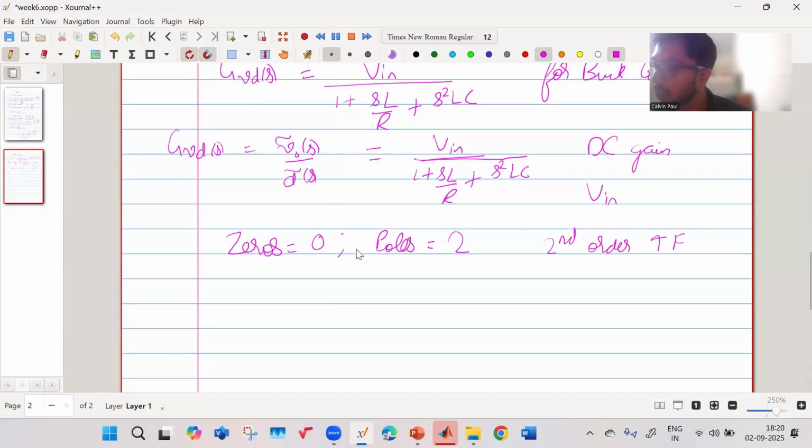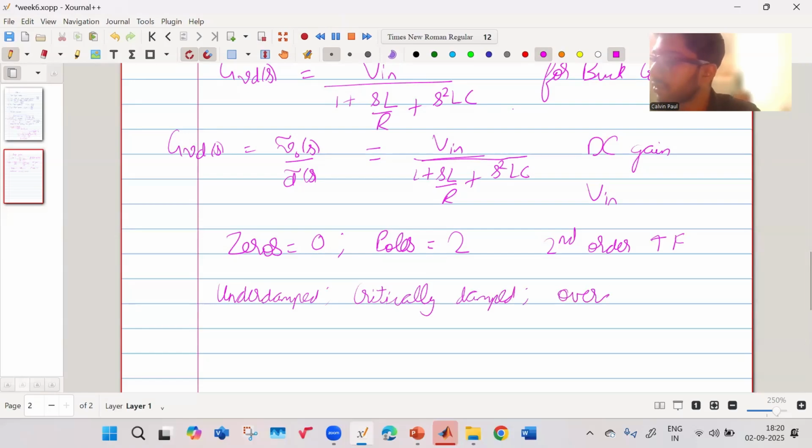Now, do you remember the various types of second order transfer functions that can be there? What can be the different types of transfer functions for a second order system? Underdamped, yes, exactly. So you can have underdamped, critically damped, or overdamped.